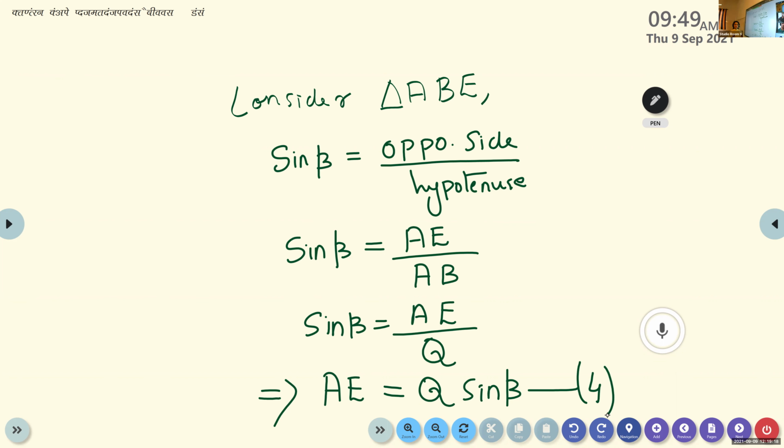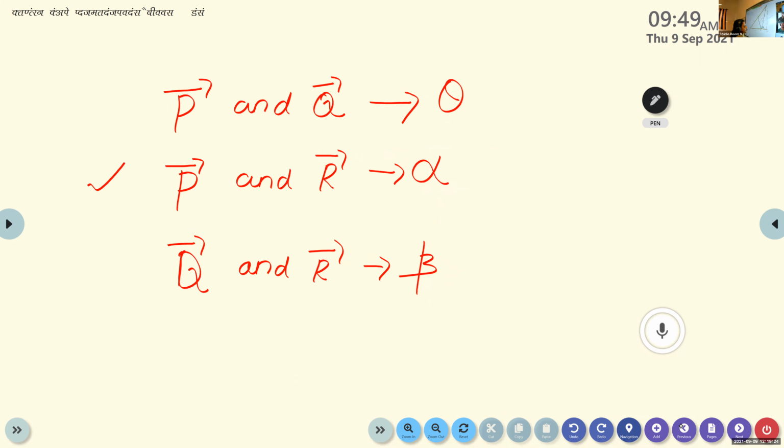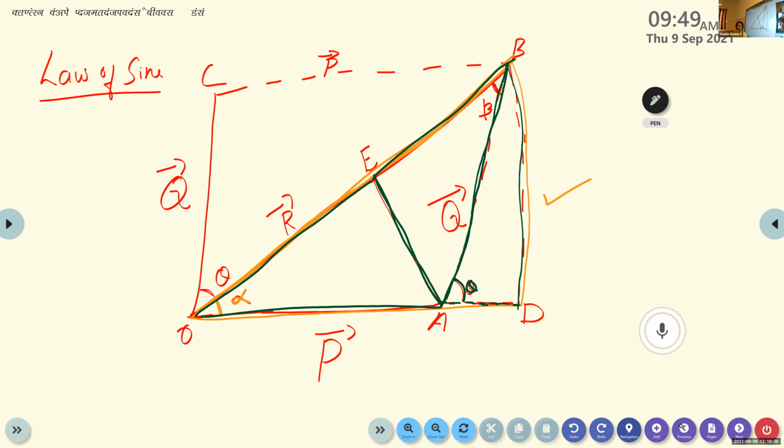So here we consider the same figure, but we make some rearrangements in order to derive an expression for the law of sine. We draw a line from point A to the resultant vector and mark that point as E. And we consider the angle between vector Q and the resultant vector R as beta.